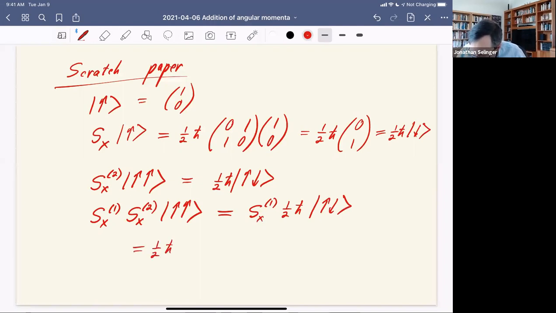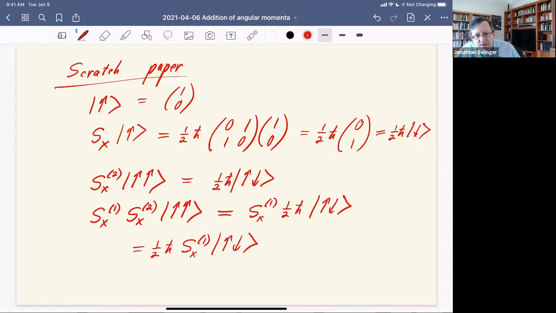So it's 1/2 h bar times Sx1 acting on the state up, down. Now we know what Sx1 does to the state up, down. It cares about the first spin.